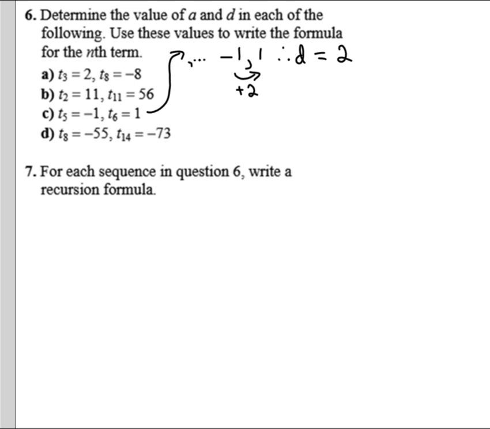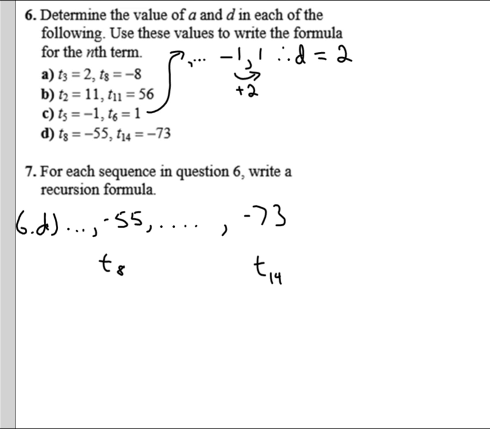Well, that's easy. What if the terms, as in part D of number 6, differ by 6? Well, we have 7 terms leading up to negative 55 as term 8, and then some more terms leading up to negative 73 as term 14.